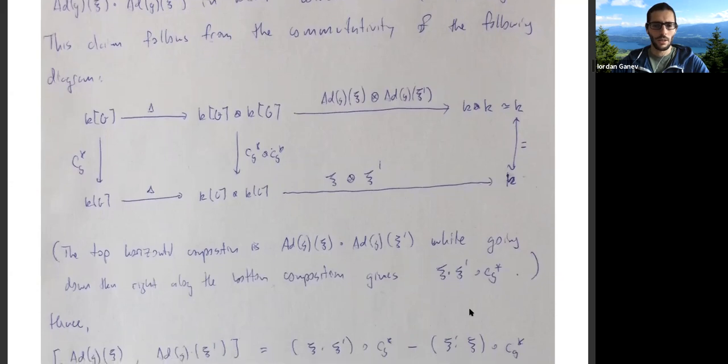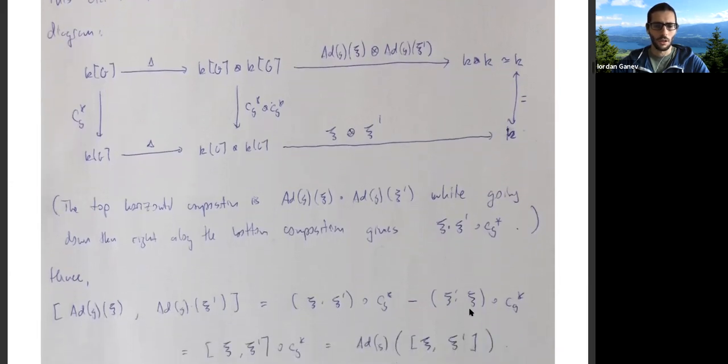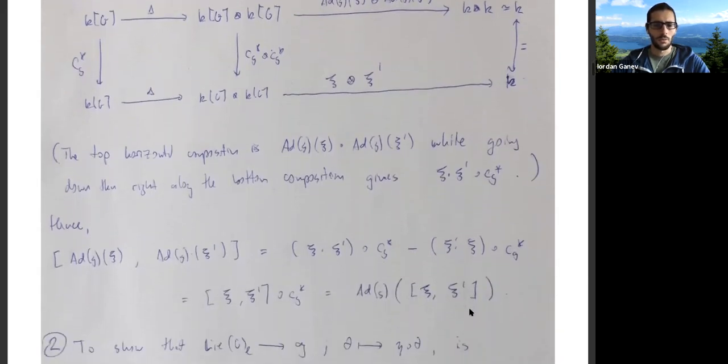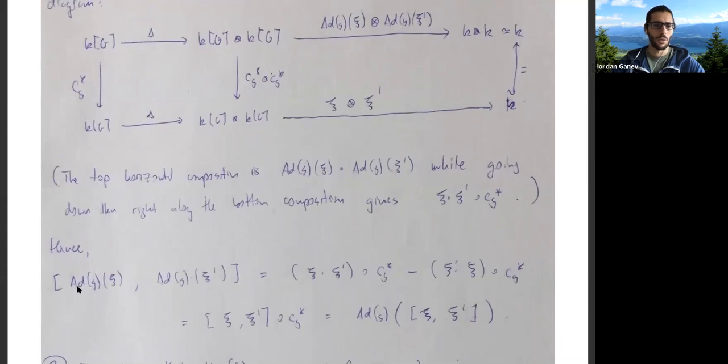And once we have this, we're pretty much done. We wanted to show that the action of G respects the bracket. So let's apply the action of G to two elements in the Lie algebra, xi and xi prime.